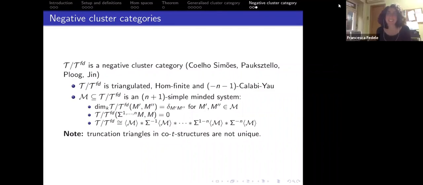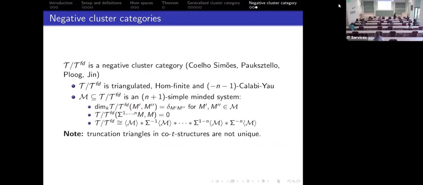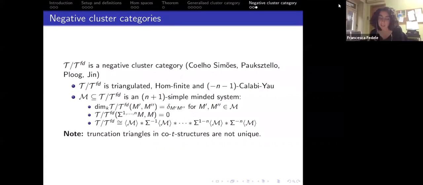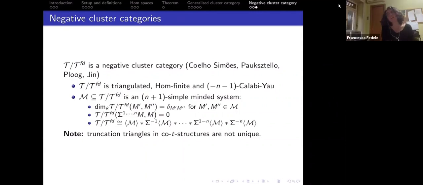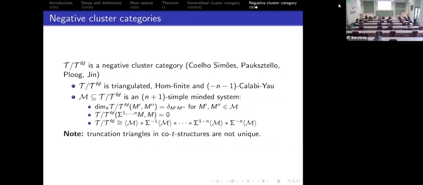Interesting. And do you know if other silting objects become actually n+1 cluster tilting objects in this generalized case? I don't. In the classical case, you usually have more than one two-cluster tilting object, and these are induced usually by other silting objects different from the one that you started with.